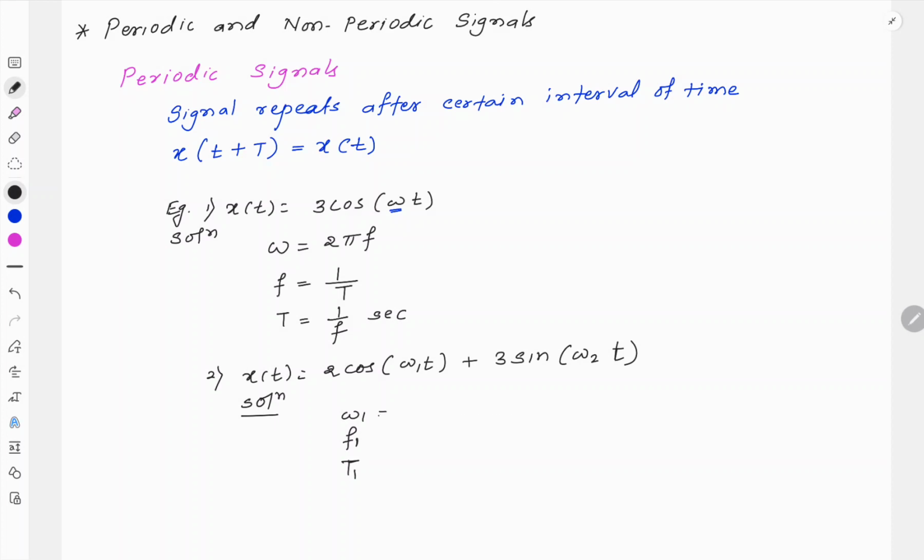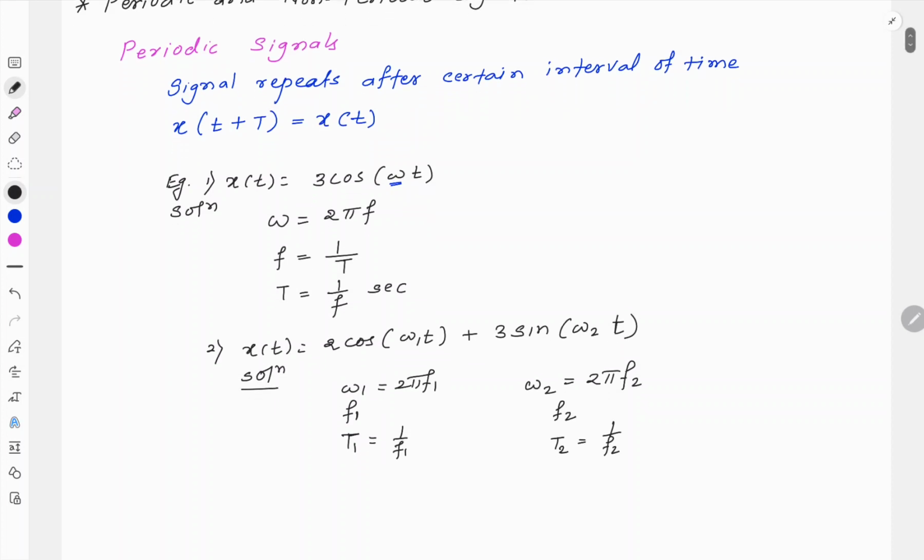Similarly, from omega 2 we find f2, and from f2 we find t2, which is 1 upon f2. If we have more components added, let's say one more like 4 cos of omega 3 t, then we find the time period for every component: t1, t2, t3, t4 in this way.